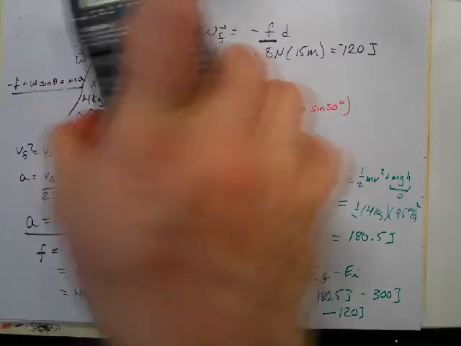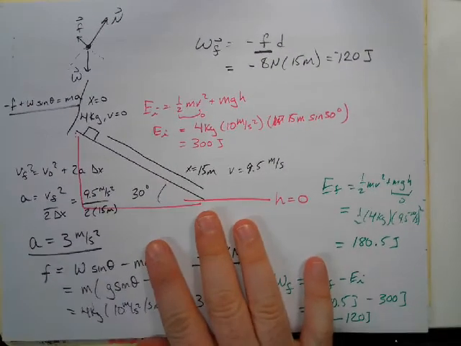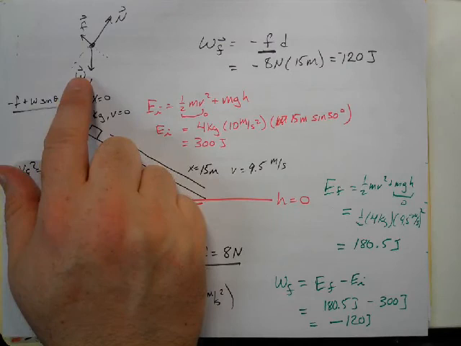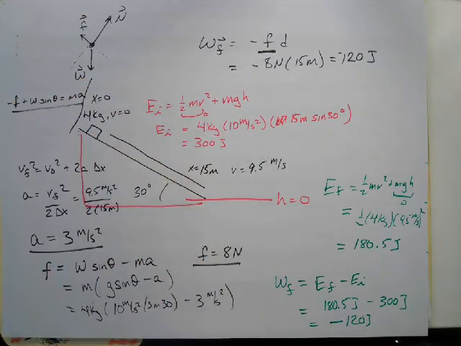The point of this is, everything I did in black is doing it with forces and kinematics by itself. Everything I did in red and green is doing it with energy alone. And I think the red and green, the energy way of doing it, is simpler. For one thing, you don't have to deal with vectors. You don't have to deal with these forces. You just work out what's going on.